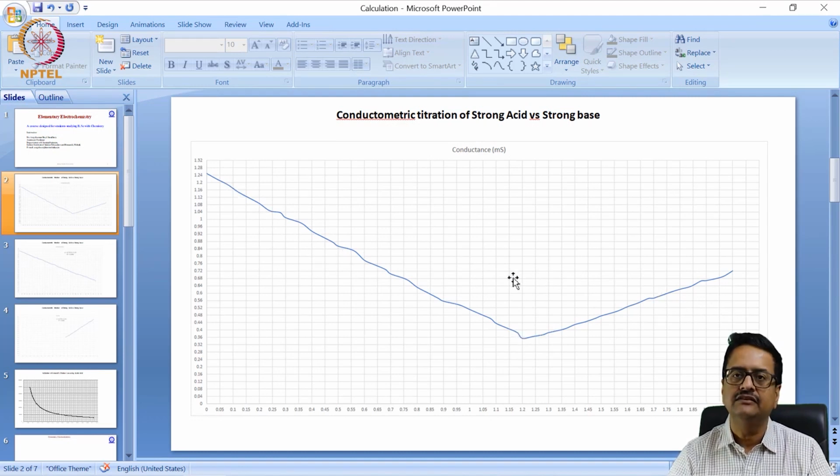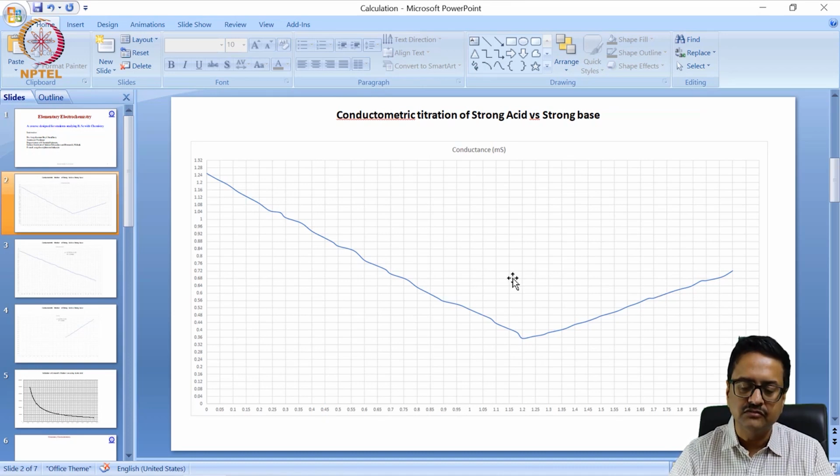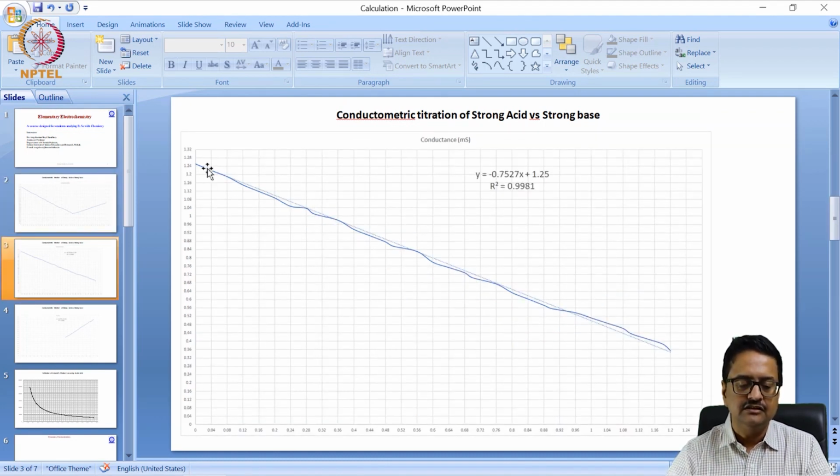And then what I have done, which one can also do using graph paper in a different way, I will tell you about that. What I have done is I have split this graph into two parts. One part is this downward line, that is the negative slope line, and the other is the positive slope line. And then I have used Excel to calculate the equation to fit those points.